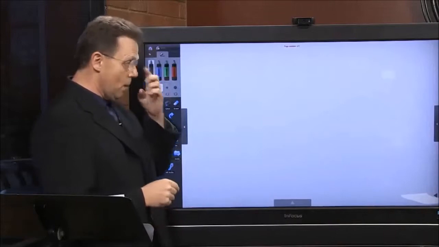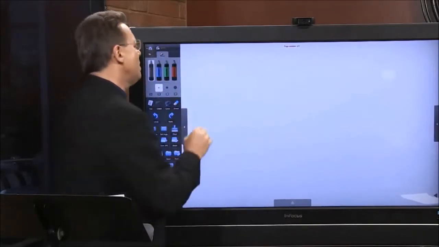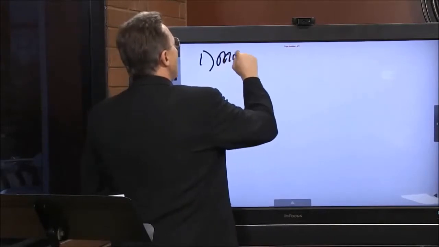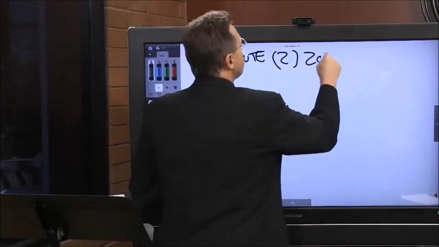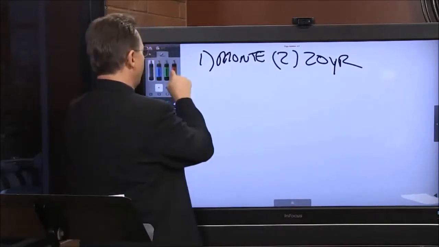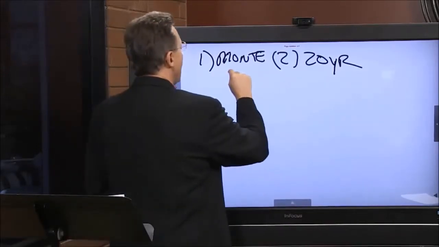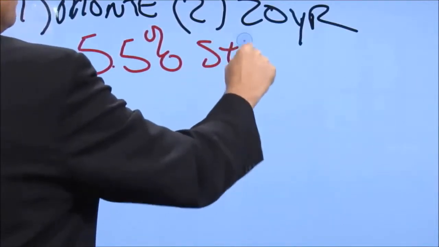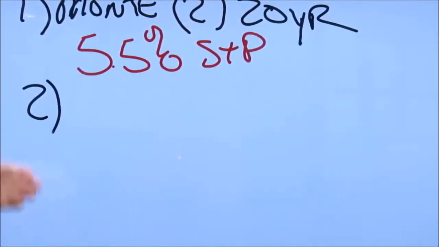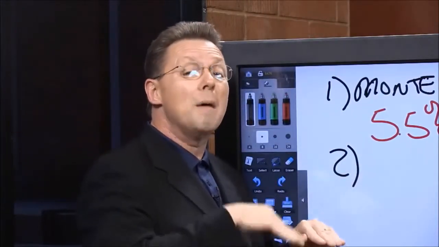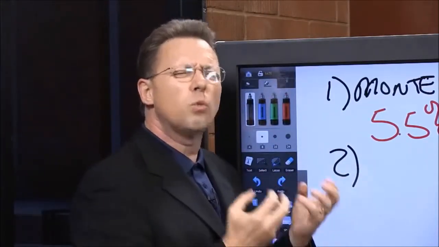Now, when I'm thinking about indexing, three things come to mind. One, I look at the Monte Carlo. Two, 20-year tranches, and I look at what the return was during that period in time. And during that period, I'm looking at about a 5.5% S&P return. Then I look at Index Universal Life, which was really built to be about 200 basis points above the interest rate. That's what it was built for.